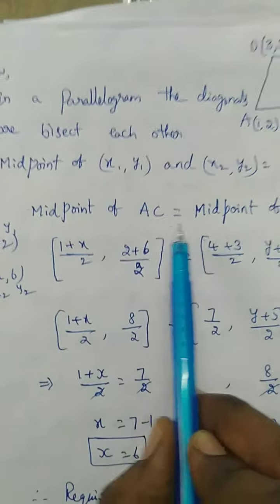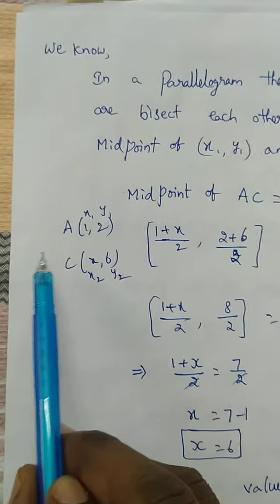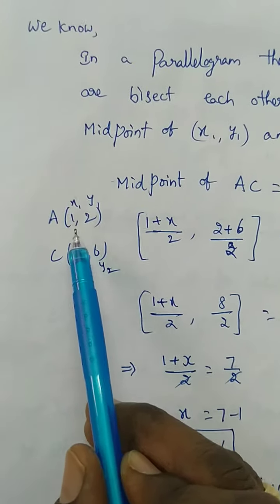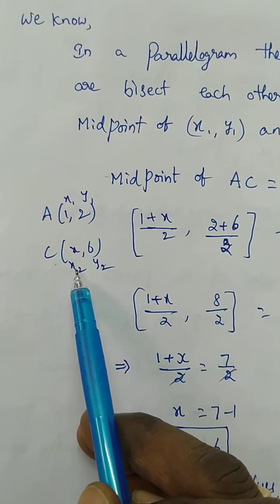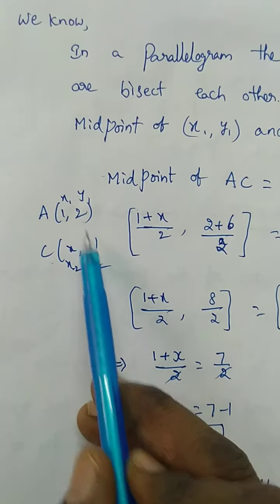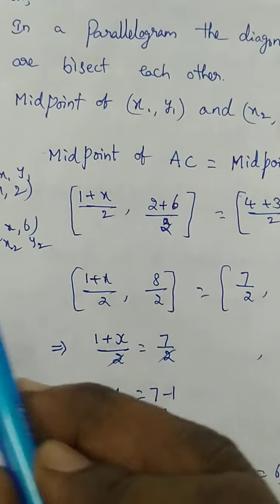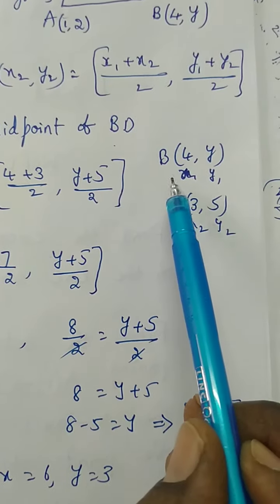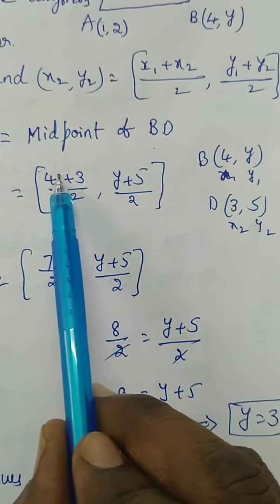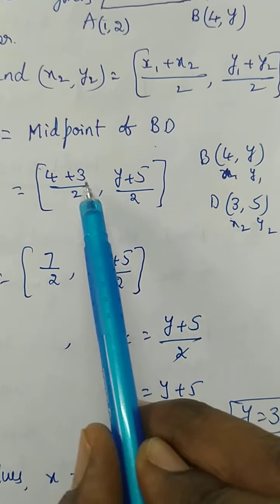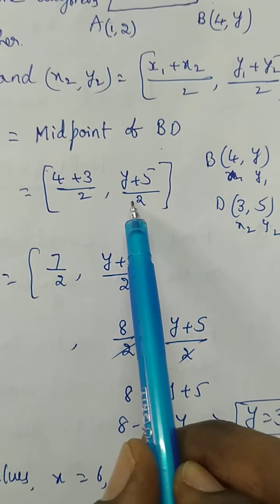So the midpoint of AC, with A (1, 2) and C (x, 6), is ((1 plus x) by 2, (2 plus 6) by 2). Coming to BD, B (4, y) and D (3, 5): ((4 plus 3) by 2, (y plus 5) by 2).